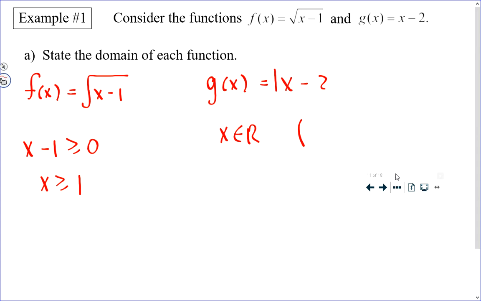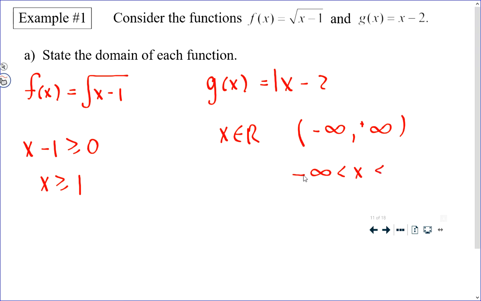You could write that domain instead by saying negative infinity to infinity. Or we could be even more specific and say negative infinity is less than x, which is less than positive infinity. We don't use less than or equal to symbols in that notation because you can't actually be at infinity.